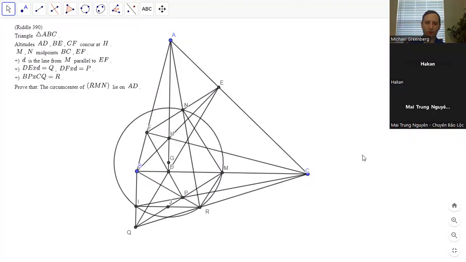So yeah, we want to show R lies on the median. We know DEF and BPQ are homothetic.